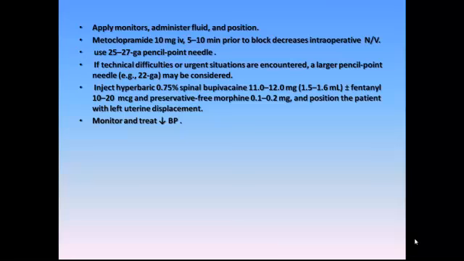Monitor and treat blood pressure reduction if it happens. Adjust the operative table position to ensure a T4 level of anesthesia, that is by lowering the head of the patient a little bit so that the local anesthetic injection can spread further.